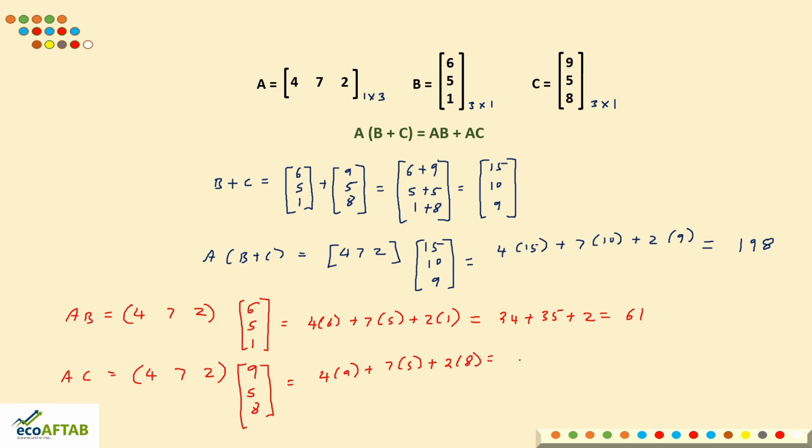This is equal to 36 plus 35 plus 16, which is 87. Now we want to check AB plus AC. AB is 61 and AC is 87.